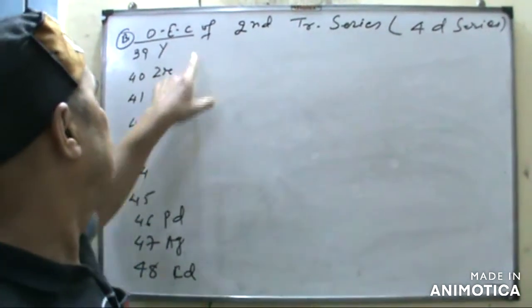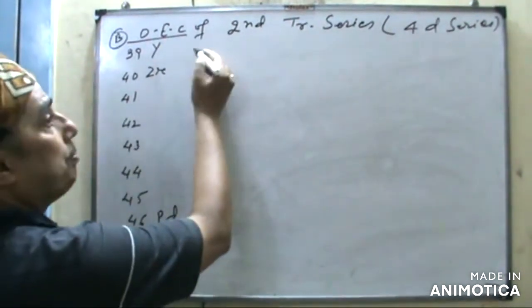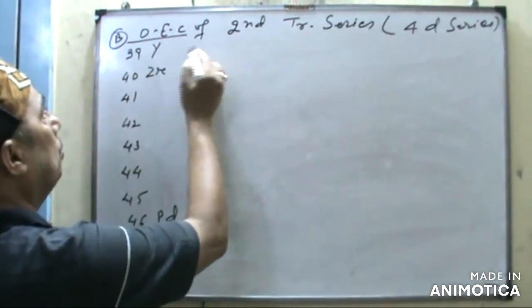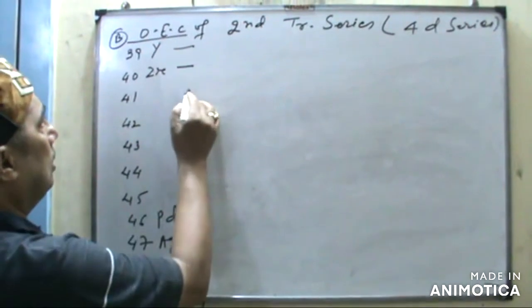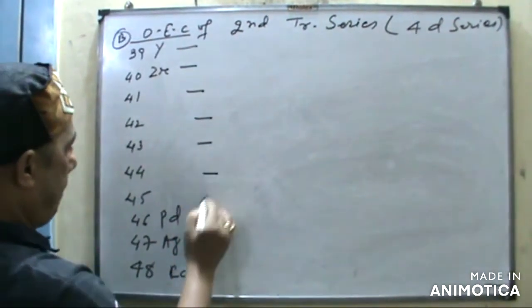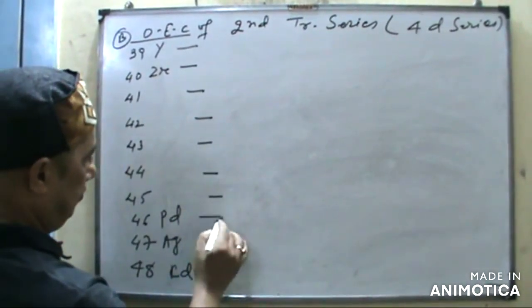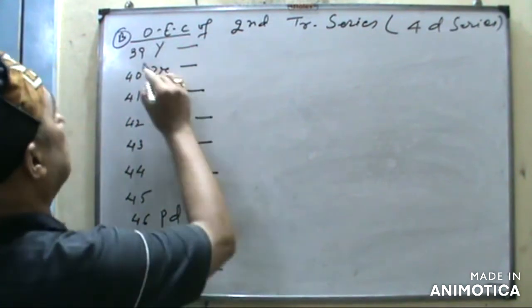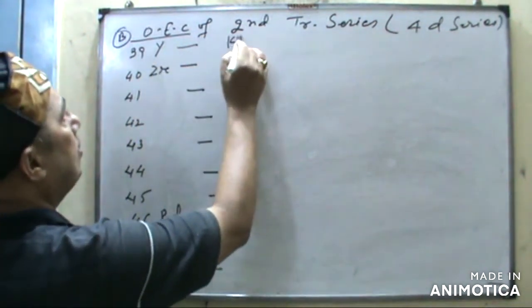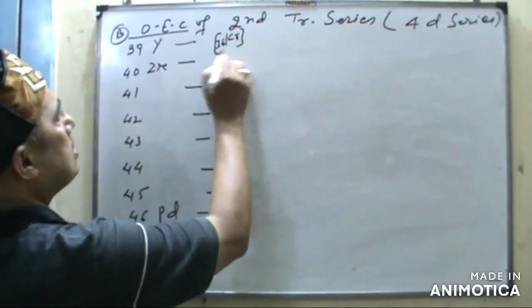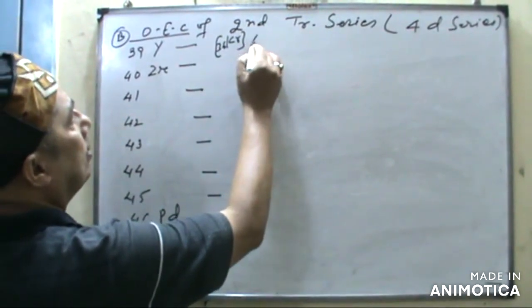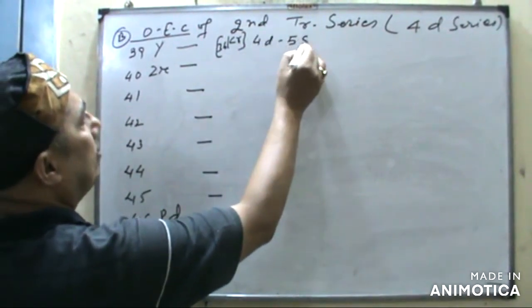This is the 3d, and then the 4d series. So the configuration is like this: 39 is yttrium, and you write krypton, 36, then 4d and 5s.